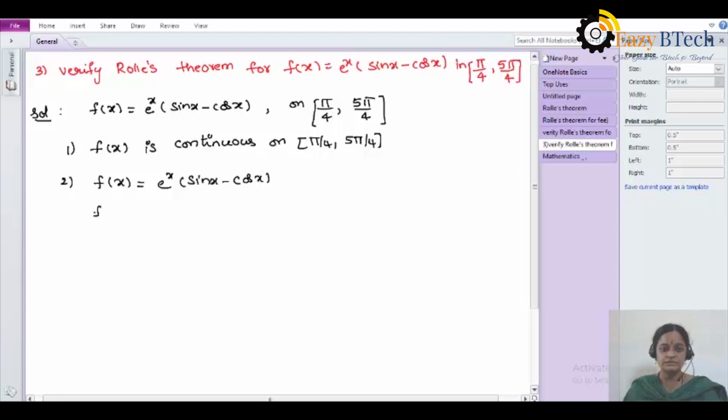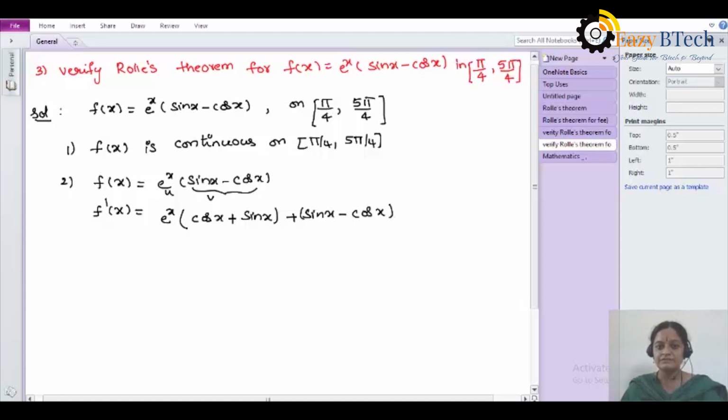And second one, f of x is e power x into (sin x minus cos x). We have to differentiate with respect to x, applying the u into v procedure, students. E power x into the differentiation of sin, which is cos, minus cos differentiation is minus sin. Already minus is there, so it becomes plus sin x, plus (sin x minus cos x) times the exponential, as exponential differentiation is exponential only.